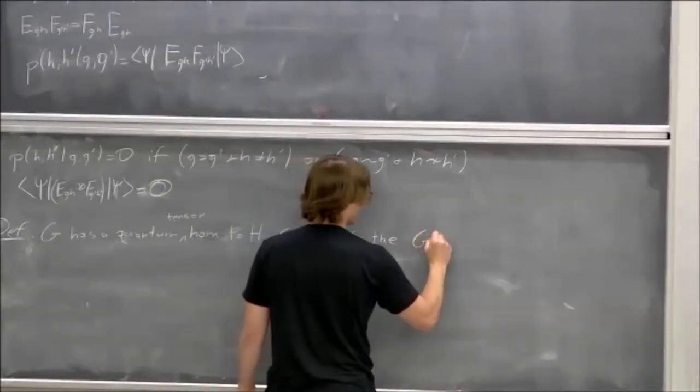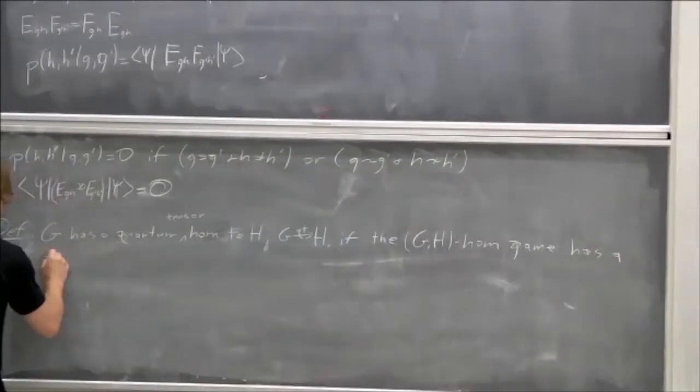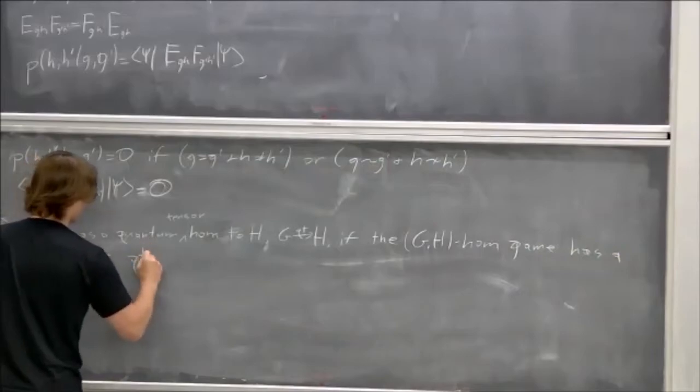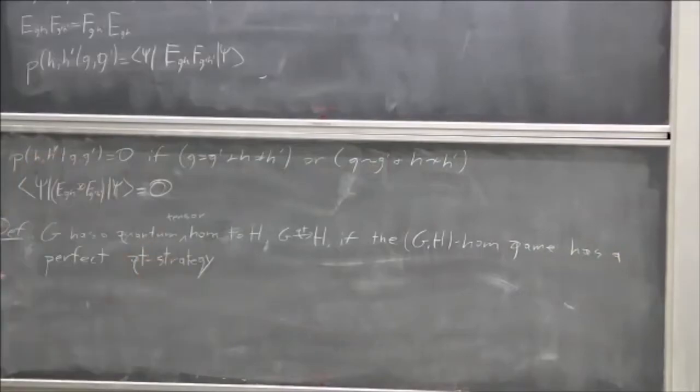If the GH homomorphism game has a perfect, I'll just say QT strategy, and again, perfect just means you win with probability 1, which means that these things are 0. So I need to find some vector and these PSD matrices such that the appropriate things are 0.